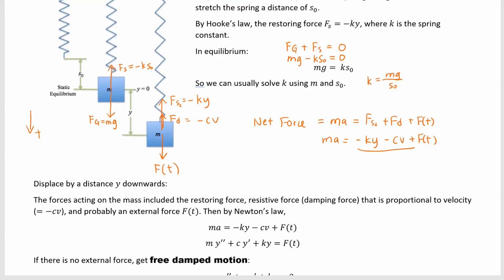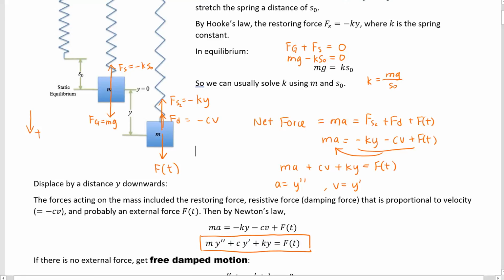Well, when we move these to the left-hand side, we get ma plus cv plus ky equals F of t. Do you remember what a is? a is the second derivative, acceleration, right? Velocity is the first derivative. So when we plug those in, we get this. Wow, this is exactly a second order linear ODE with constant coefficients.